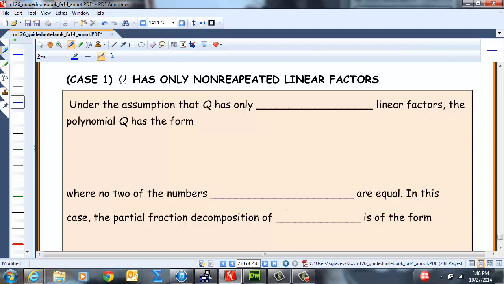Basically the q they're referring to is the q of x in the denominator. So we're going to assume in the first case that there are non-repeated linear factors.